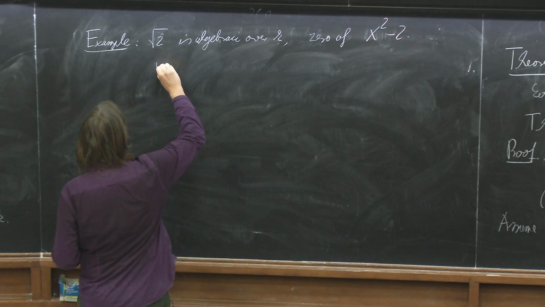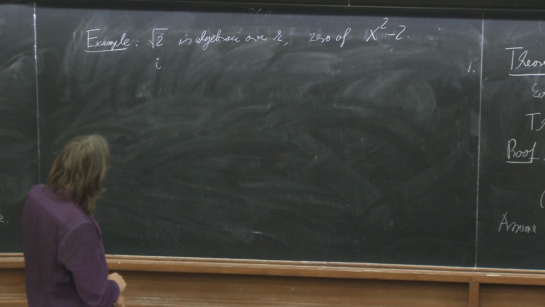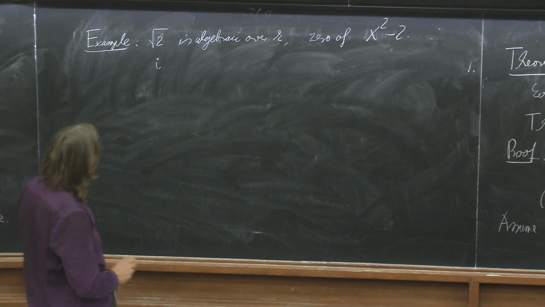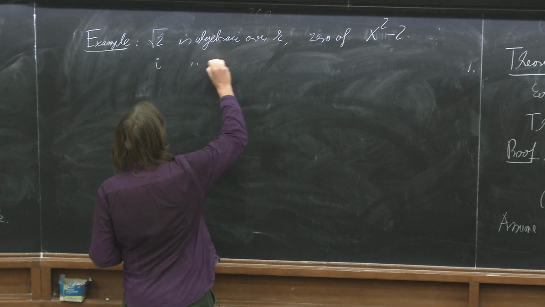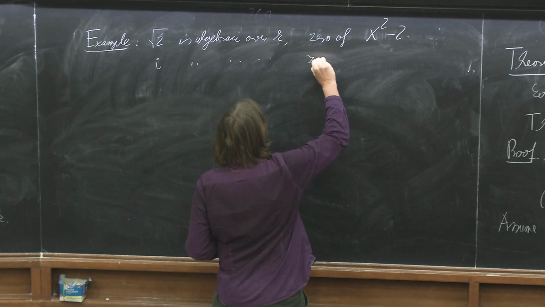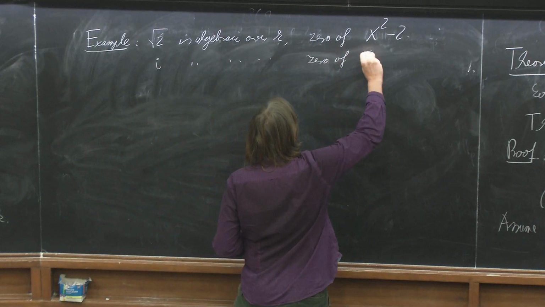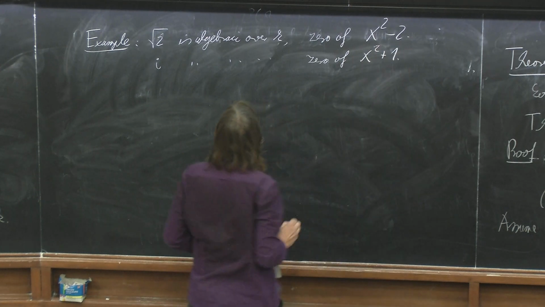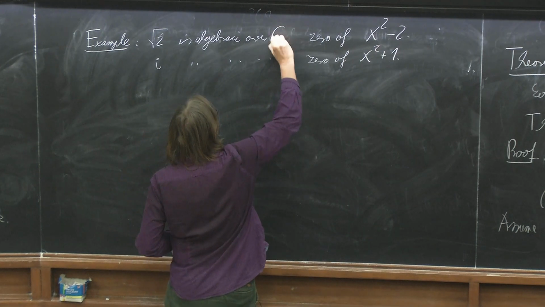And i, the complex unit in C, is algebraic over Q, a zero of the polynomial x squared plus 1.